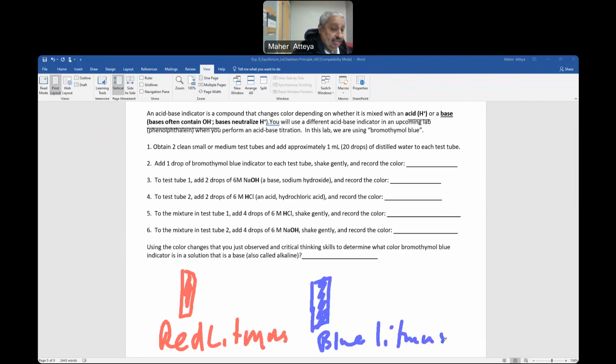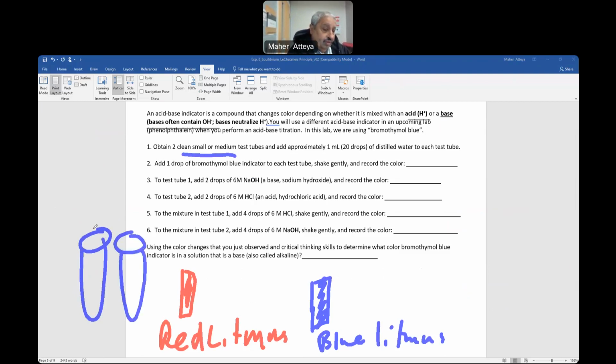You can take two test tubes, and you will add to them 20 drops of H2O, just for dilution. You have two test tubes, 1 and 2.